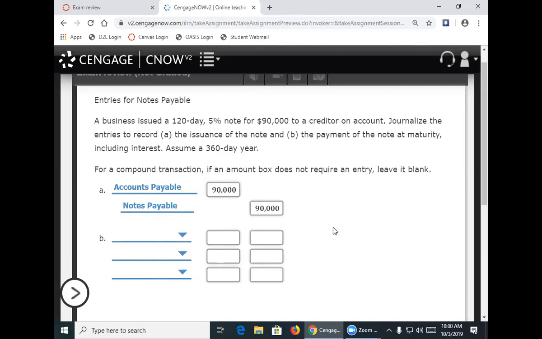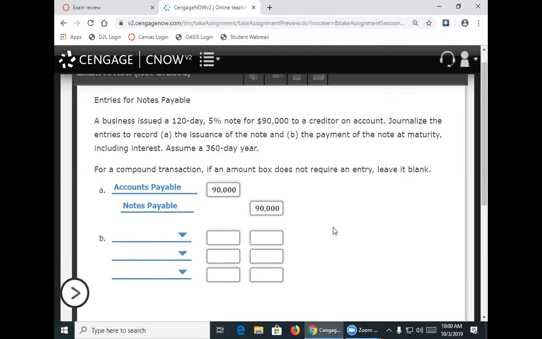Very good. 90,000 principal times 5% interest rate times the time in days, which would be 120 over 360. If you remember, that's always our interest calculation: principal times rate times time. So what is my interest?